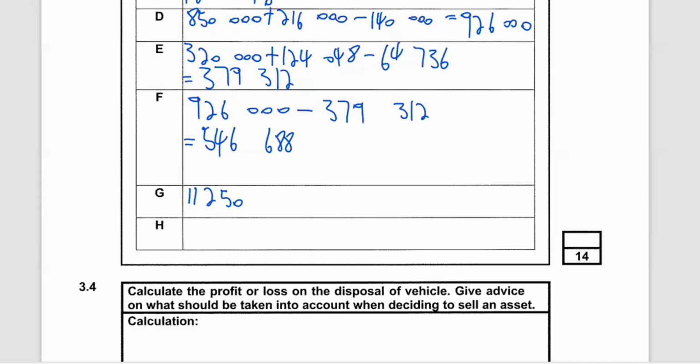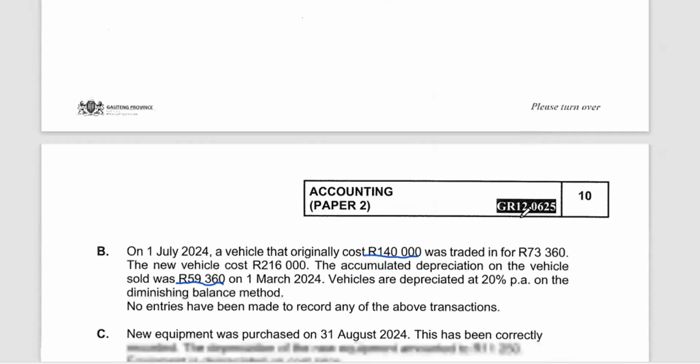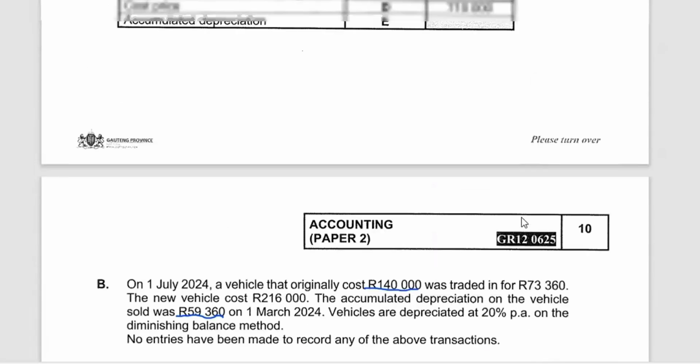So now, if we can check our information, we never sold any asset. Instead, we have bought a new asset. We are given the depreciation of the new asset. So we have to calculate the depreciation of the old. They said which method we are using for equipment. We are using the cost price method.